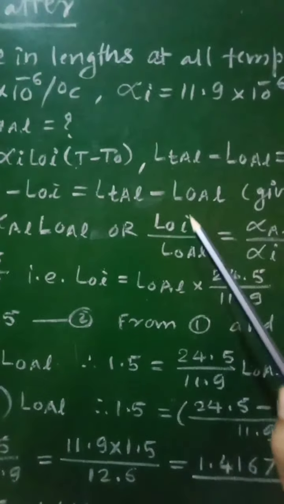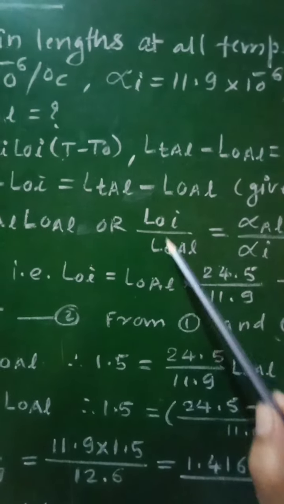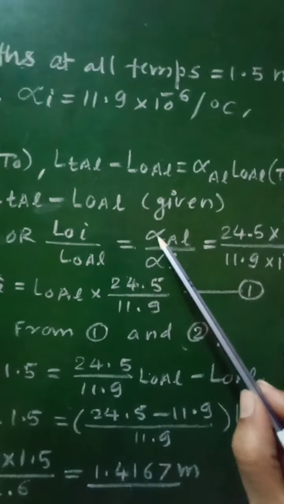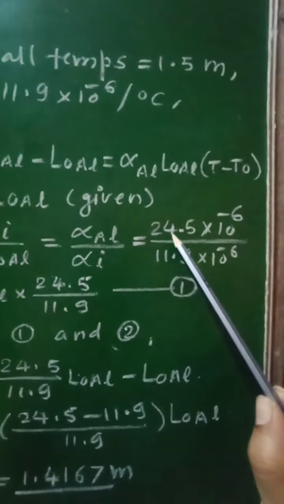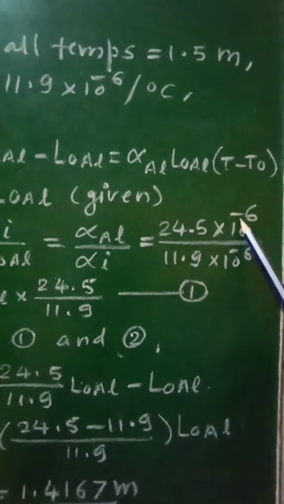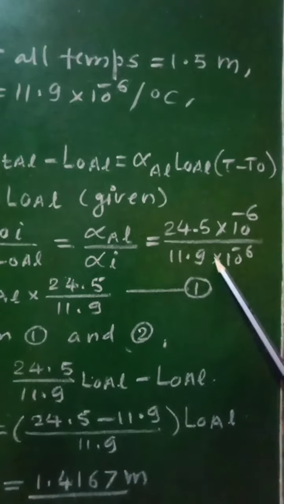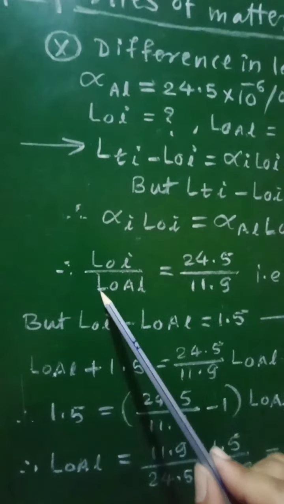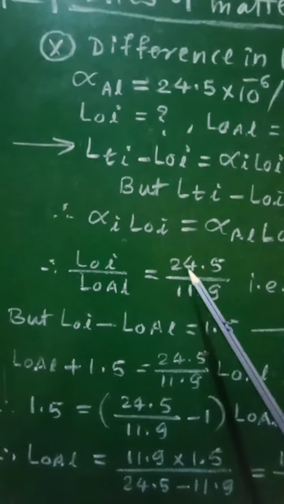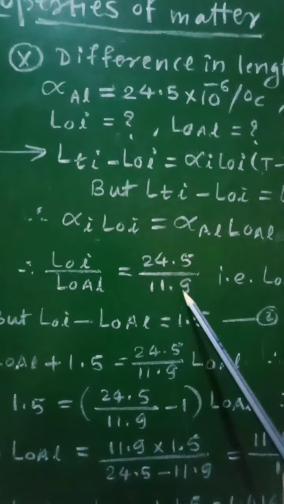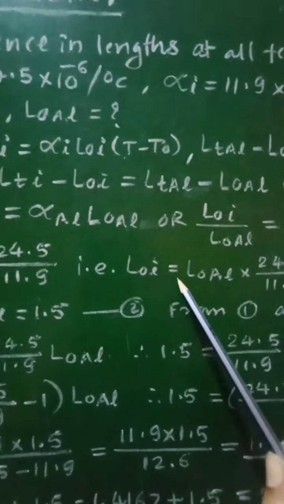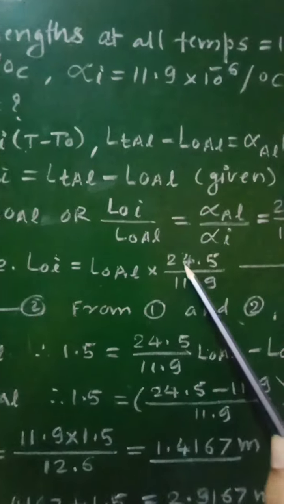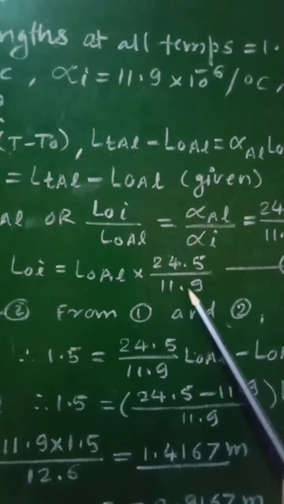Taking ratio of these two lengths, we will get L0I upon L0AL equal to alpha AL upon alpha I. Putting the values, we will get 24.5 into 10 raised to minus 6 upon 11.9 into 10 raised to minus 6, which comes out to be L0I upon L0AL equal to 24.5 upon 11.9. That is, it will be written as L0I equal to L0AL into 24.5 upon 11.9.